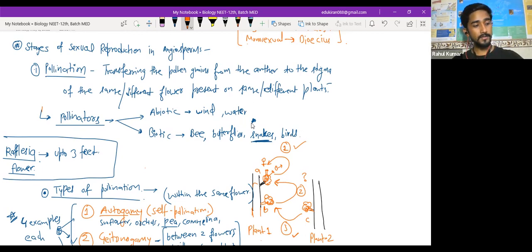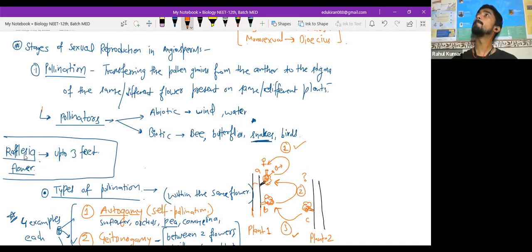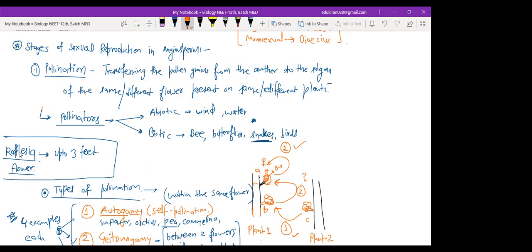Snakes are also pollinators for some of the biggest flowers that we have. The biggest flower is called Rafflesia. Has anyone heard of Rafflesia? No. If you go and look it up, it's also called the corpse flower. Corpse means a dead body, because it stinks.